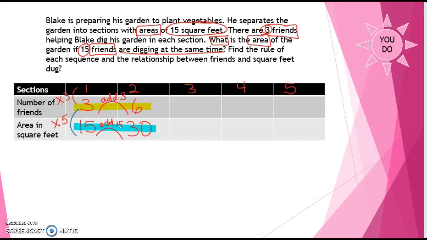So 3, 6, 9, 12, 15, and then down here we would have 45, 60, 75. Okay, so if it's asking for 15 friends at the same time, we can see here's our 15 friends, and we want to know what is the area. The area would be 75 square feet.